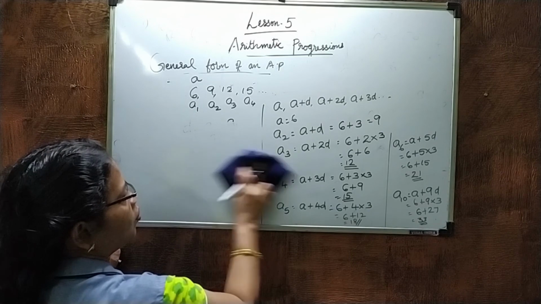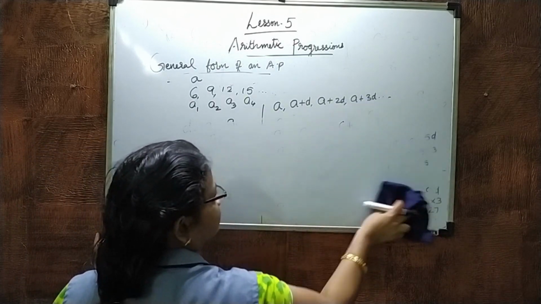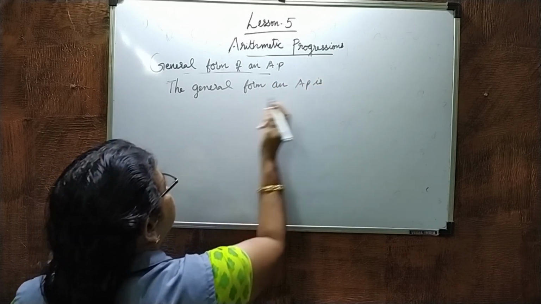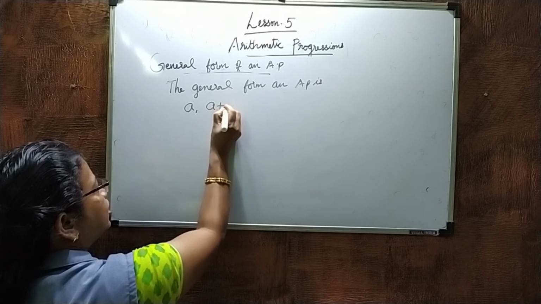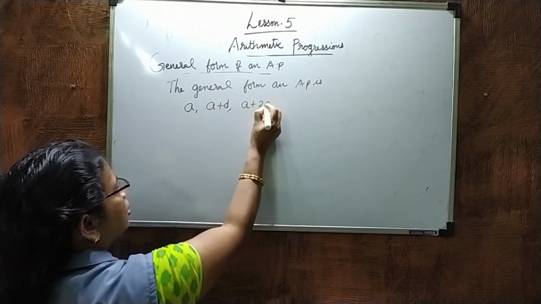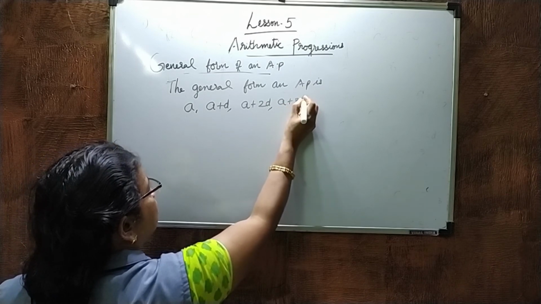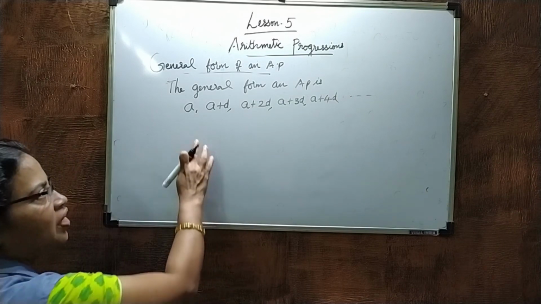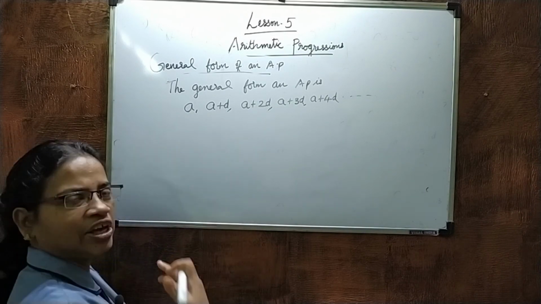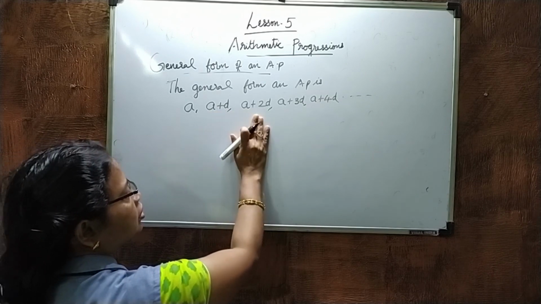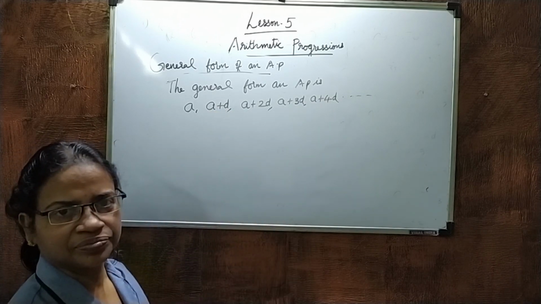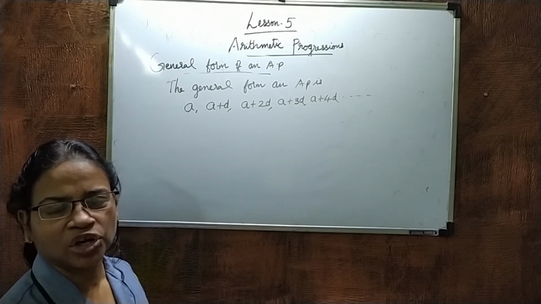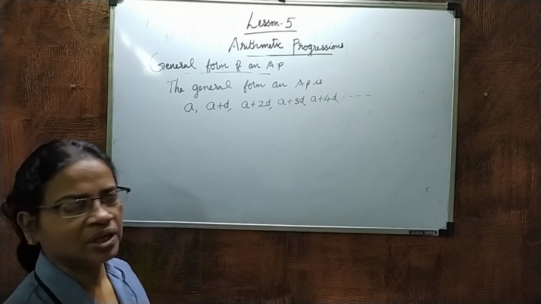So, the general form of an AP is A plus D, A plus 2D, A plus 3D, A plus 4D, etc. First term already they will give you. First term, second term, third term, fourth term, fifth term, etc. Right? Fifth term means it should be 4D. So, if you want 20th term, what you can do? A plus 19D. Clear? Okay.